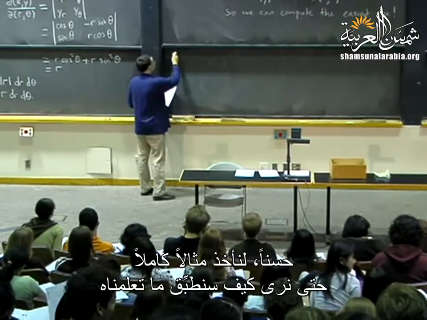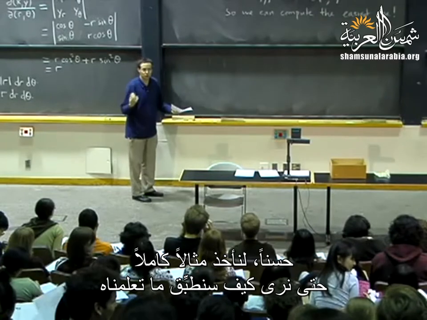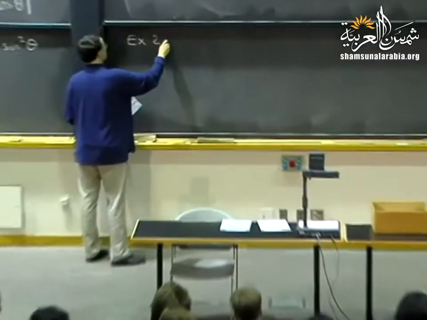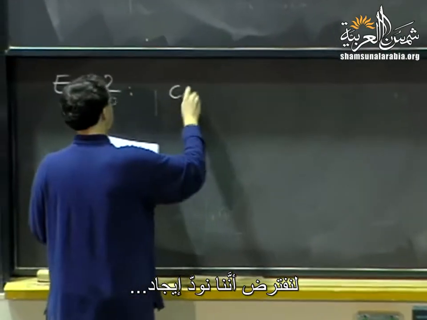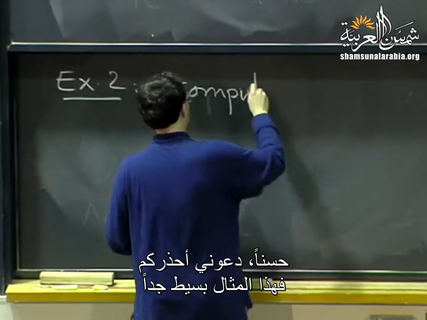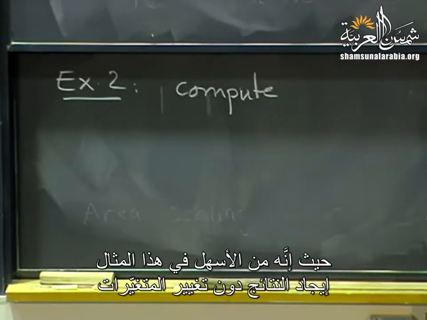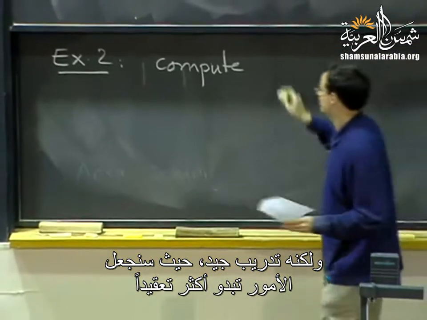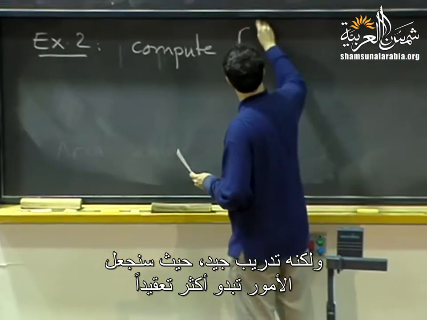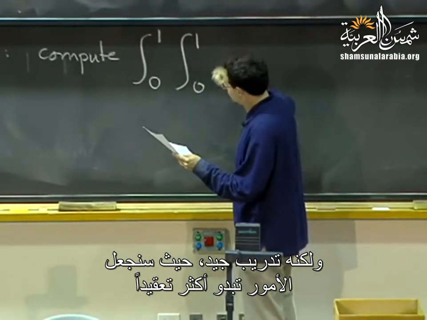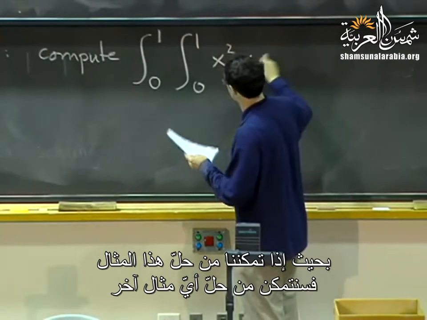Okay, so now let's do a complete example to see how everything fits together. Let's say that we want to compute this. I have to warn you, it's going to be a very silly example. It's an example where it's much easier to compute things without the change of variables. But it's good practice in the sense that we're going to make it so complicated that if we can do this one, then we can do them all.